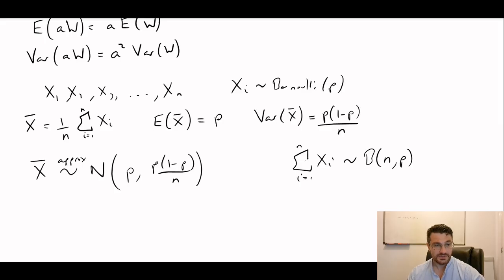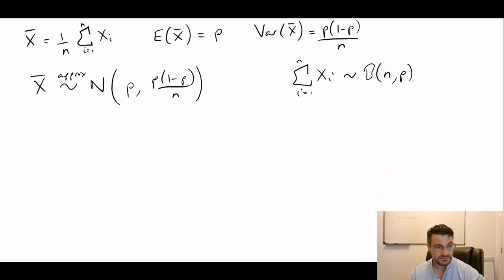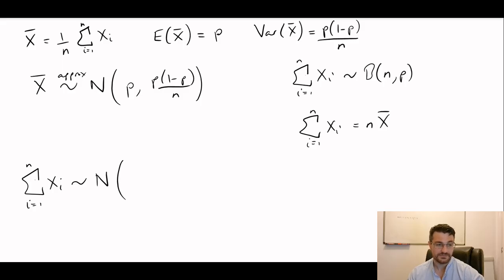But the sum of the xi, I need to clear a bit more space here. The sum of the xi's is equal to n times x bar. So that means that the sum of the xi's is going to be distributed as a normal distribution, and I need to figure out what the parameters are going to be.